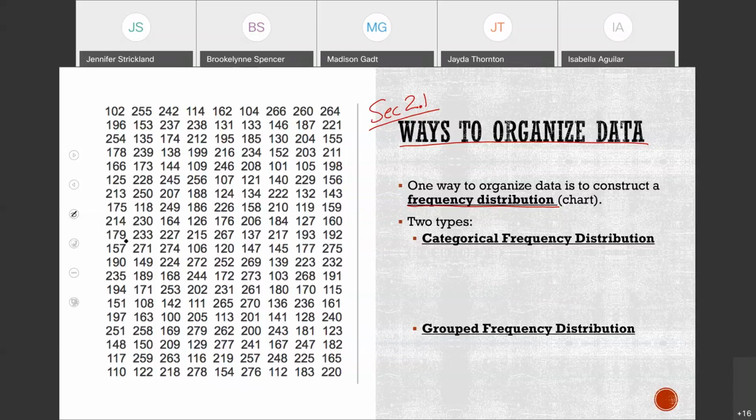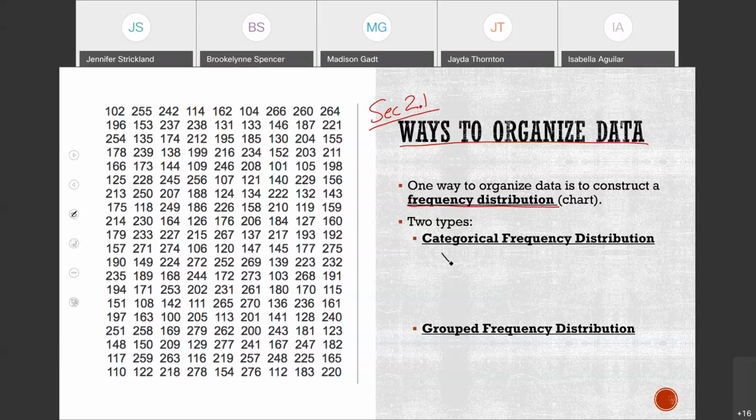Like if I were to go around the room and ask you what your favorite subject was, you're going to give me a list of words. If the data is not numbers, it's going to be a categorical frequency distribution.